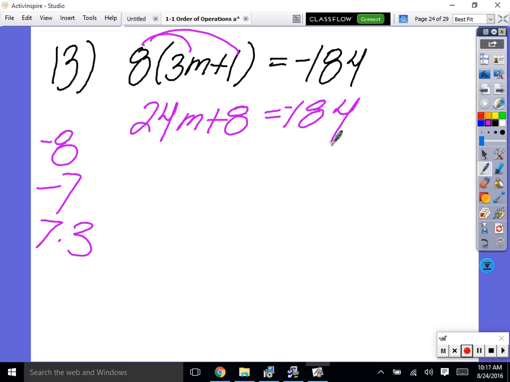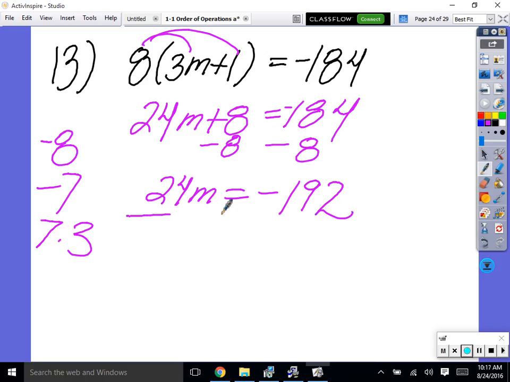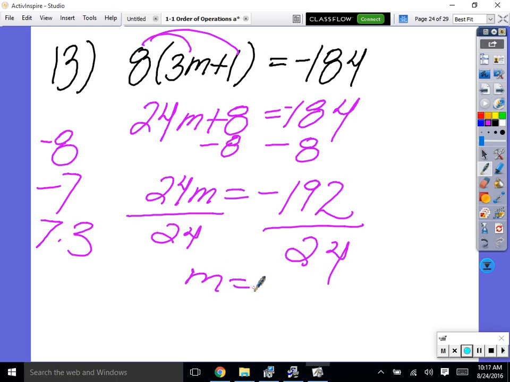Now, guys, when we subtract 8, we have 24m's is equal to negative 192. And then we would divide both sides by 24. What's negative 192 divided by 24? Negative 8? Okay, sweet. So maybe it was a calculator typo and I accidentally typed something wrong, or maybe we made a sign error or whatever.